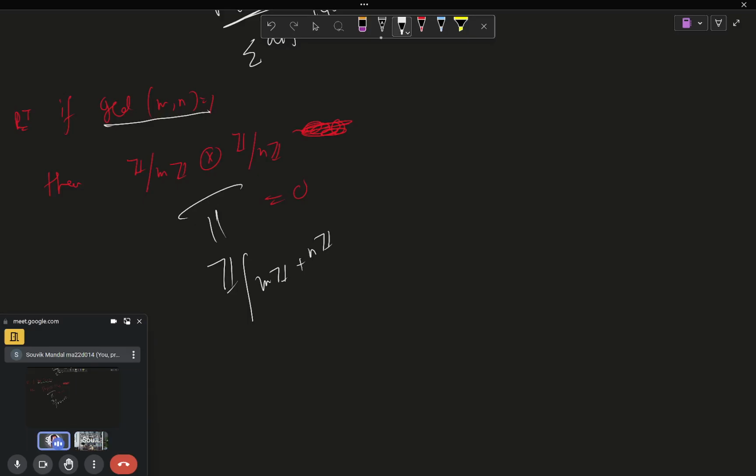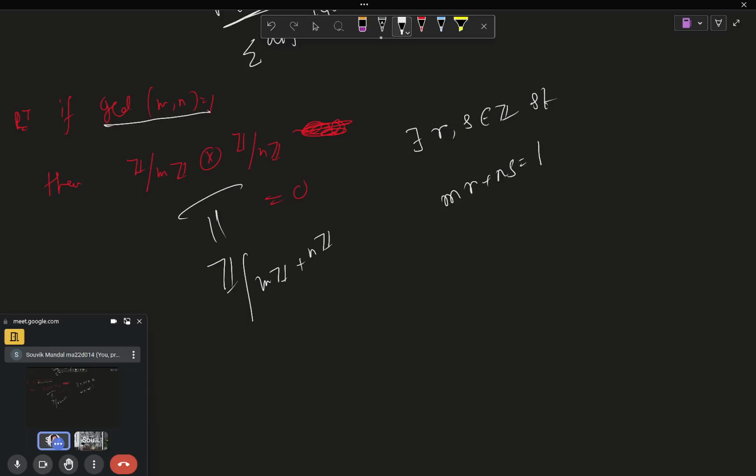There exist r and s in Z such that mr plus ns is equal to 1.